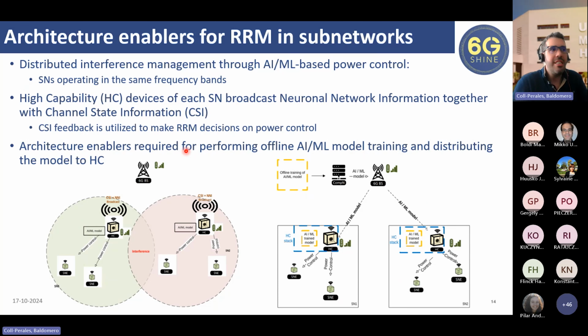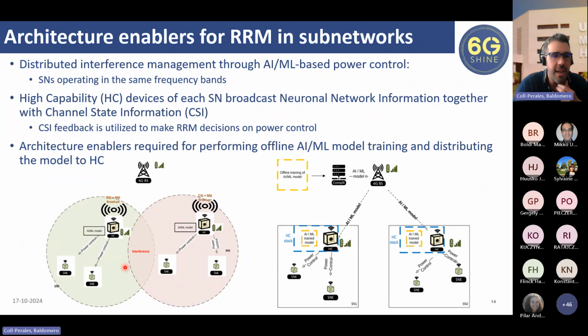Another area of research in 6G-SHINE related to the architecture is the identification of enablers for radio resource management. In this particular case, for subnetworks operating in the same frequency band. In this slide, what we want to show is a practical example illustrating a distributed interference management scheme based on AI/ML for power control.